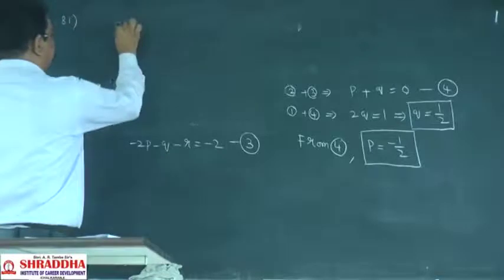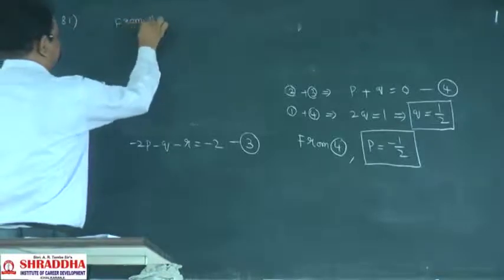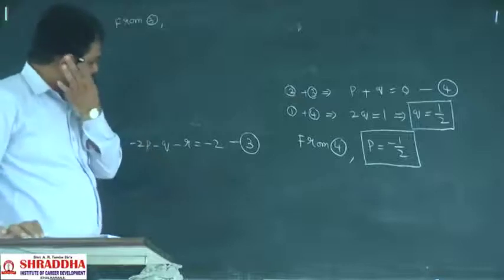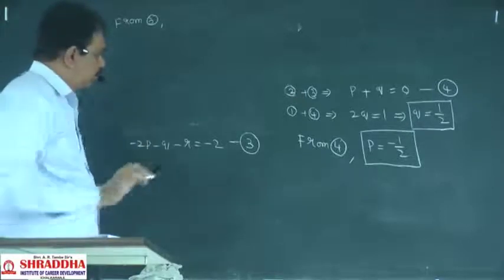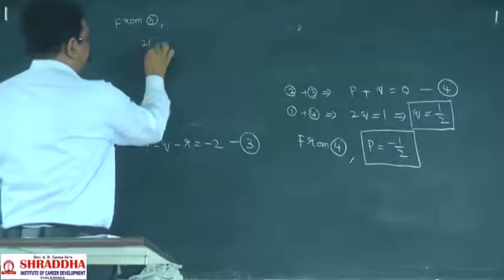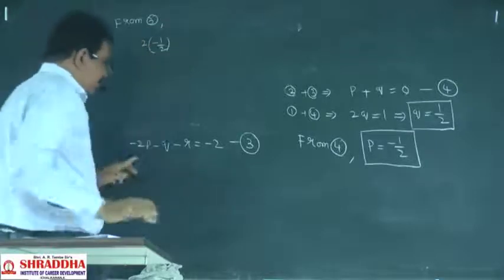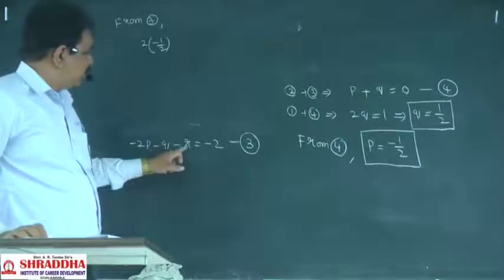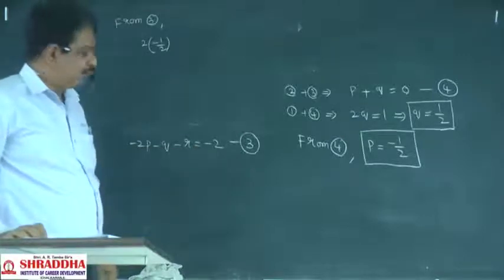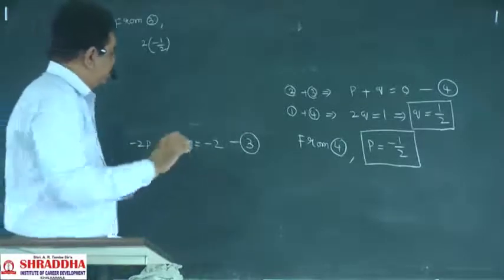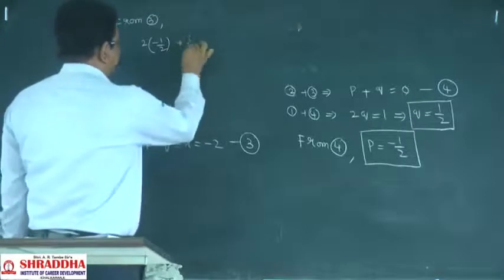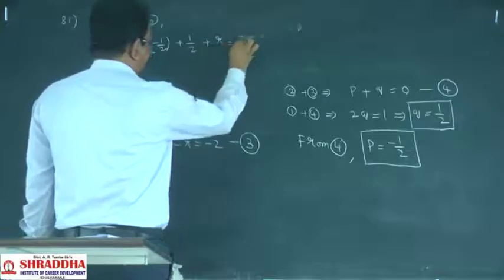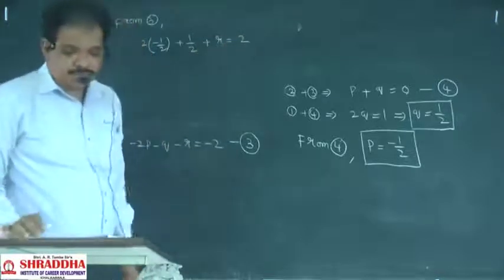So from 3, all are minus r there, na? You can make it as plus also. So 2 into minus 1 by 2, I made minus r plus. Then 2p plus q plus r is equal to 2. Plus q value will be 1 by 2. Plus r is equal to 2.